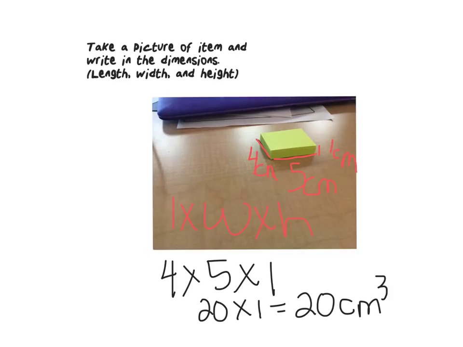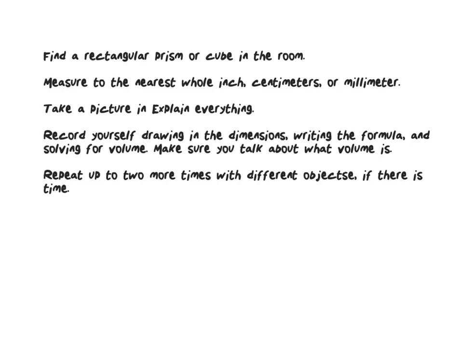So our steps repeated here. We had: find a rectangular prism or a cube in the room, measure to the nearest whole inch, centimeter, or millimeter. Take a picture in the Explain Everything app. Record yourself drawing in the dimensions, writing the formula, and solving for volume.